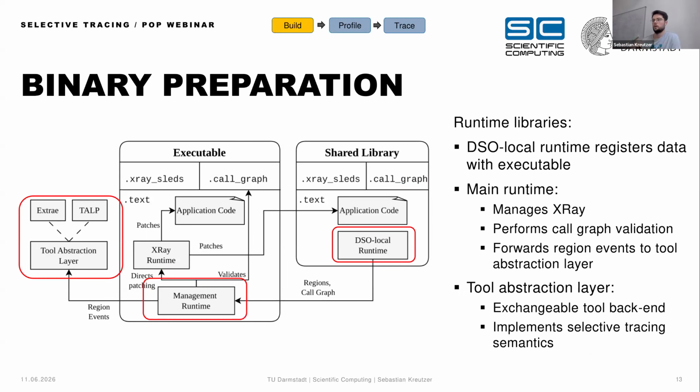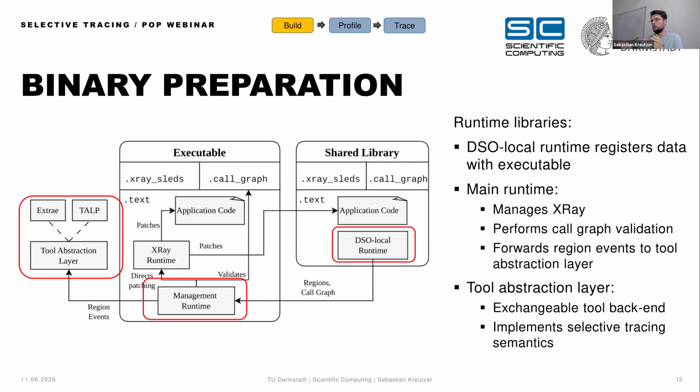Right, then kind of on a more general level, we have several runtime libraries in there. Each shared library has its own small DSO-local runtime, which tells the main management runtime where to find the individual list of patchable functions and the partial call graphs. Then the main management runtime manages the patching of X-ray sleds.